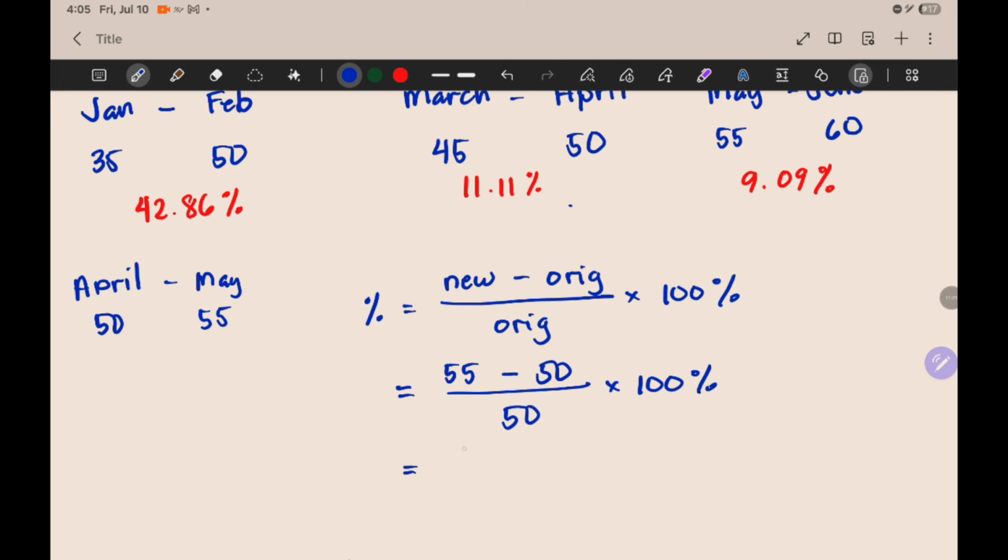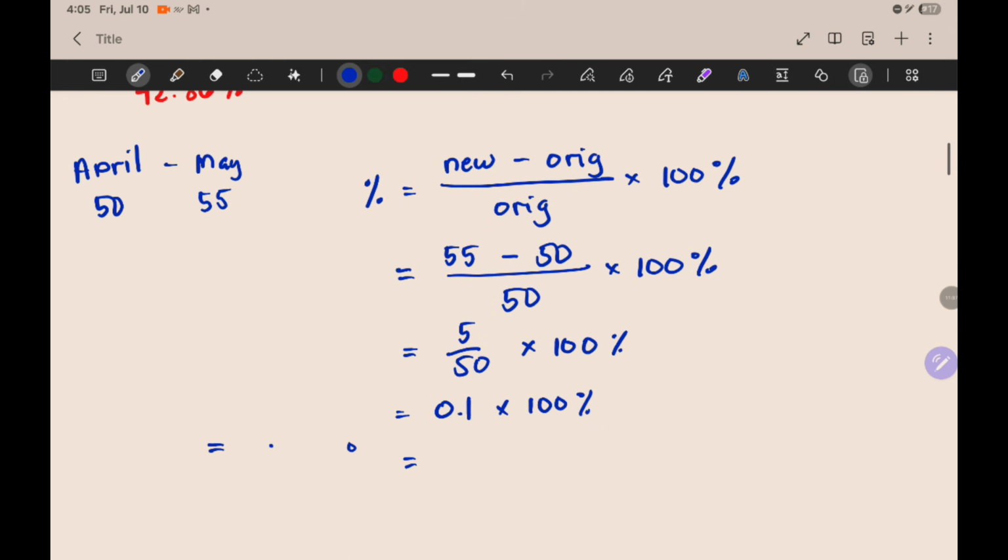So, that's equal to 5 over 50 times 100%. So, 5 divided by 50 is equal to 0.1 times 100%. So, you can use your calculators again, that is equal to 10%. So, ibig sabihin, yung price increase natin ng April to May is equal to 10%.